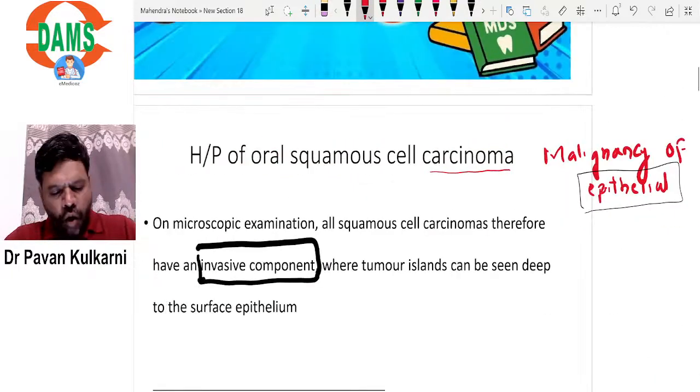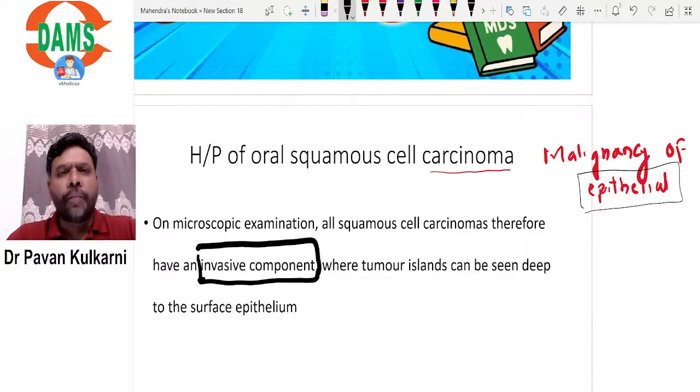All carcinomas will have an invasive component where the tumor islands can be seen deep to the surface epithelium. That means from the epithelium, they enter into the connective tissue by breaking the basement membrane.